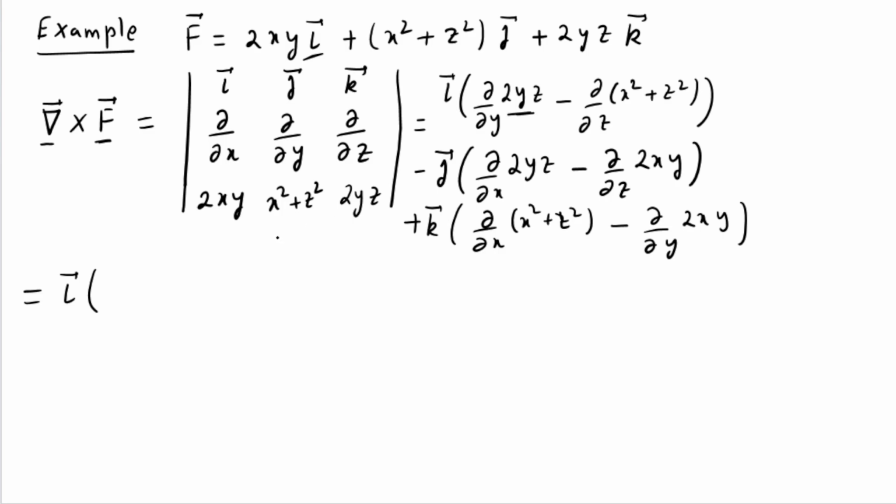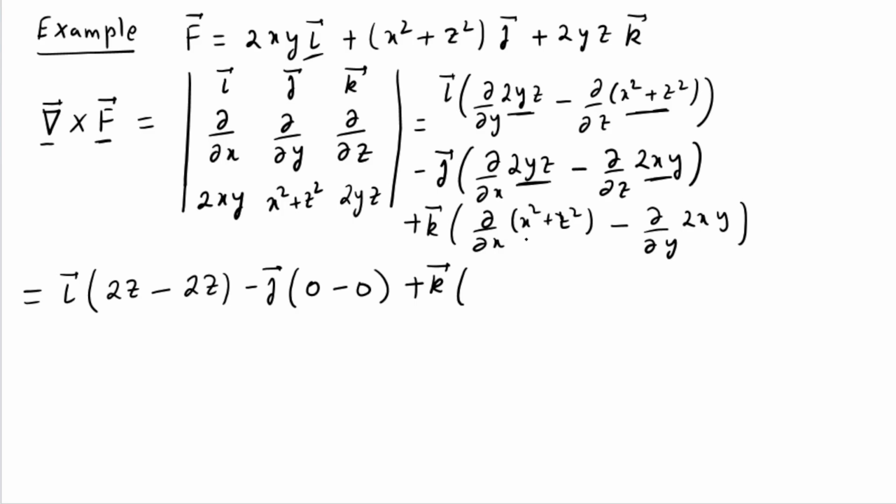Now let's take the partial derivatives. This term gives me 2z, minus derivative of this gives me 2z, minus j. Derivative of this with respect to x gives me 0. Derivative of this with respect to z once again gives me 0. Then we have the final term k. Derivative of this with respect to x gives me 2x.